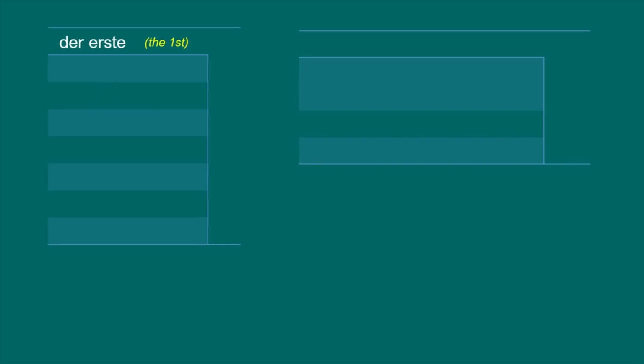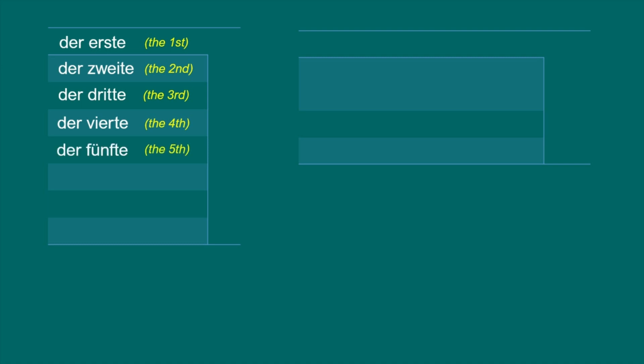So in telling dates in German, we use two articles, and those are der und am. So let's take der first. Der erste, the first. Der zweite, the second. Der dritte, the third. Der vierte, the fourth.